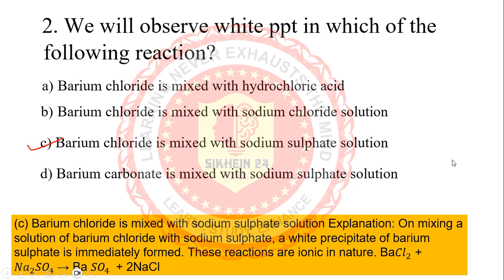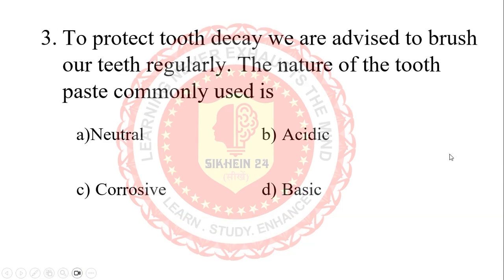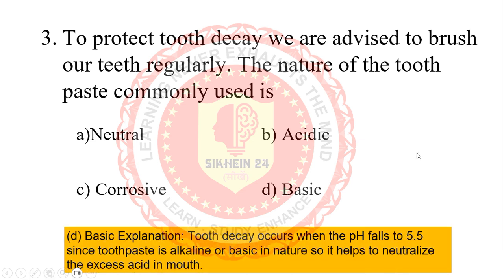Next question: on your screen, to protect against tooth decay, we are advised to brush our teeth regularly. The nature of the toothpaste commonly used is: A. Neutral, B. Acidic, C. Corrosive, D. Basic. Let's see the answer. D is the correct answer.